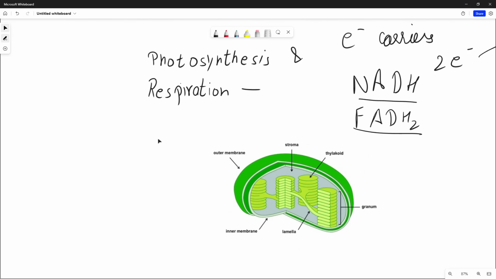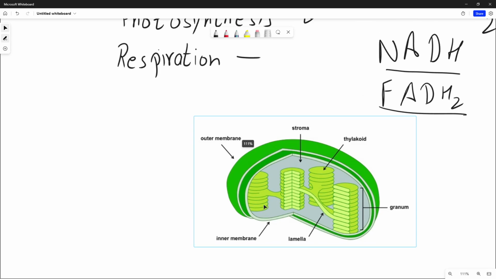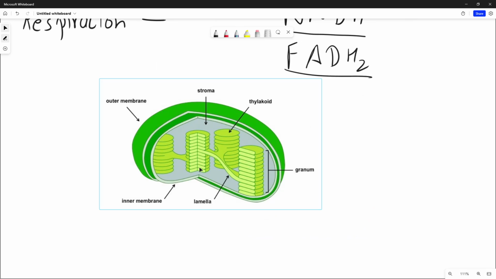When talking about photosynthesis, the first thing that should come to your mind is chloroplast, since photosynthesis happens in a cell organelle called the chloroplast. The chloroplast contains a few features.